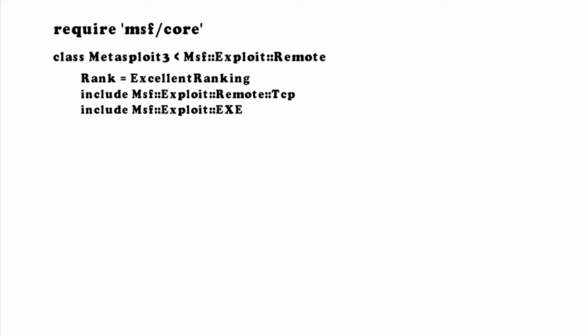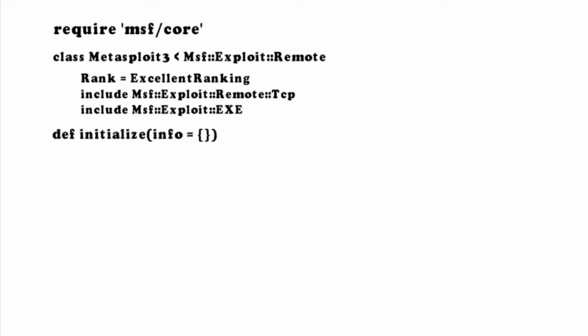The module starts with including the MSF core libraries into the script along with the declaration of a class which extends the properties relevant to the exploit. In this example, the Metasploit3 class extends the remote exploit libraries. In addition, the script includes other libraries such as TCP.